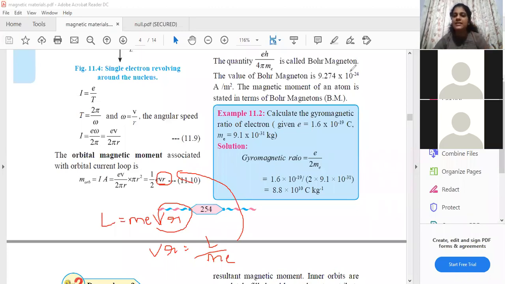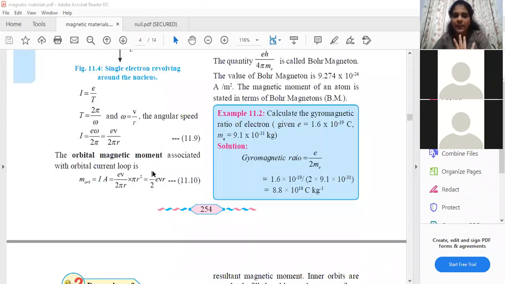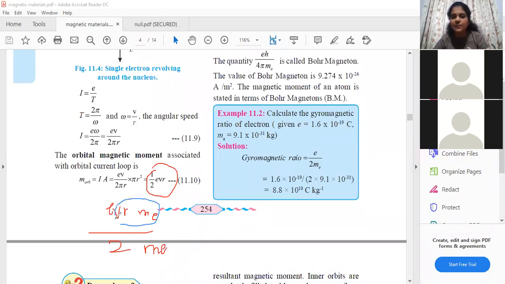See students, in your textbook, for this particular equation, that is evr by 2, they have done multiply and divide by m_e. When you do multiply and divide by m_e, this part is m_e v r. Instead of this part, you all can directly write L. So you will get eL upon 2m_e, which is the same thing that I explained just now.